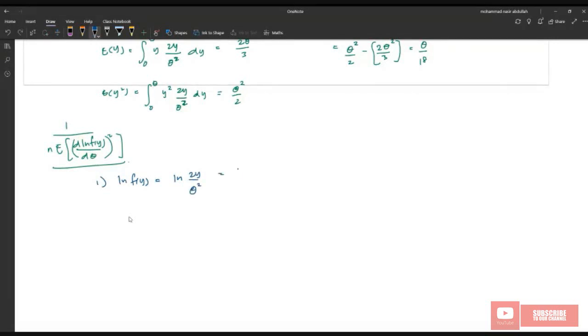So this one should be ln 2y minus ln theta squared, or it becomes ln 2y minus 2 ln theta. So the second step is I'm going to take the derivative of ln f(y) with respect to theta.